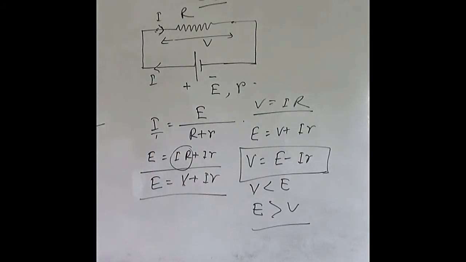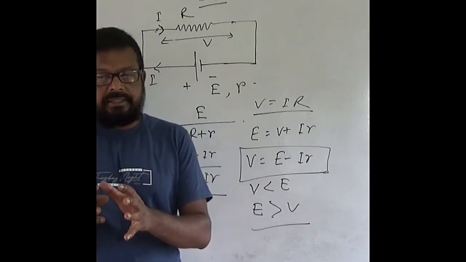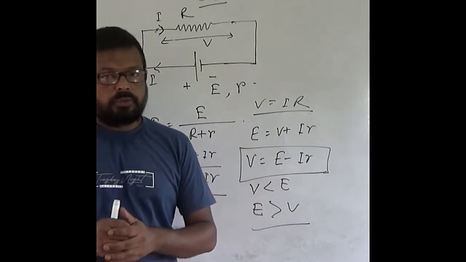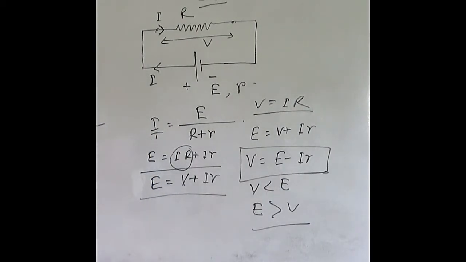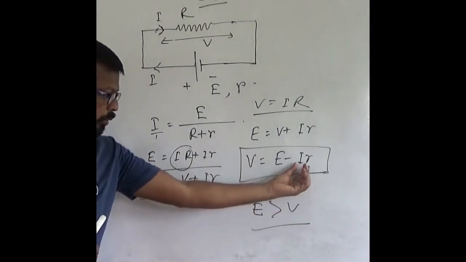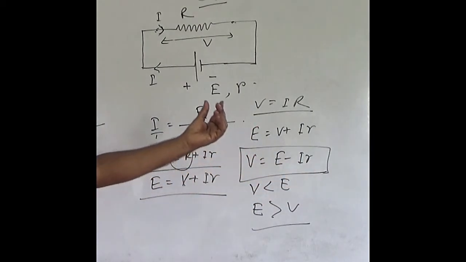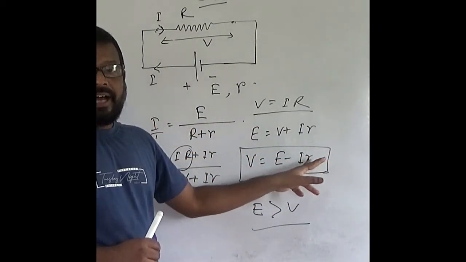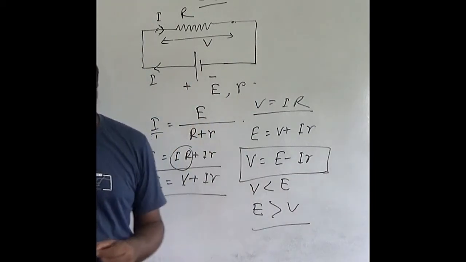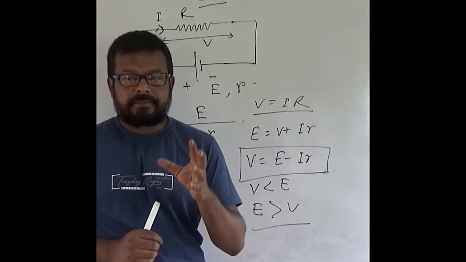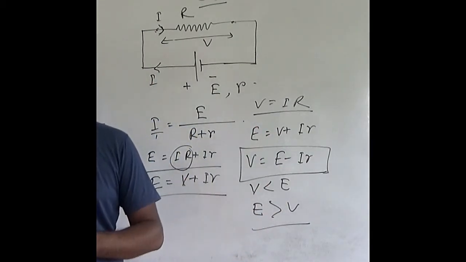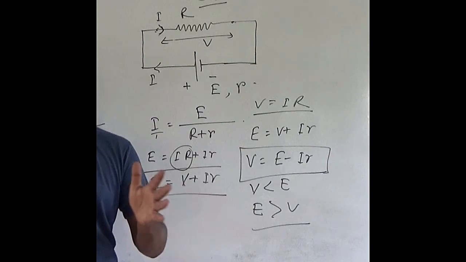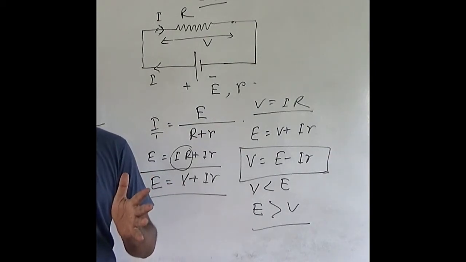And this Ir, we cannot use this much potential. That's why it is also called lost volt of the cell. And see here, if r is high, that is internal resistance is high, then this lost volt is greater, which cannot be used. You can say this is lost, but this is not lost.